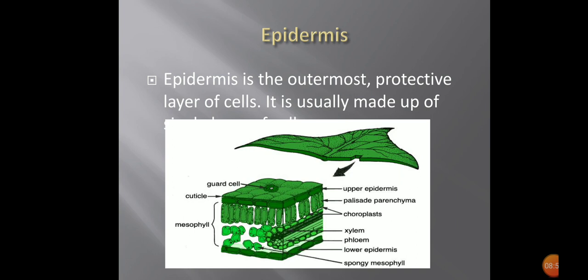Let me ask you a question. What does a plant that grows in a dry habitat need? You know it. The answer is water. So in those plants, the epidermis forms a thicker layer in order to prevent excess water loss. In these plants, the thick epidermis contains a chemical called cutin, which prevents water loss.